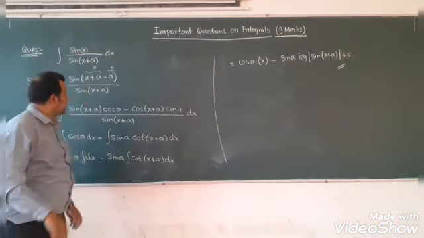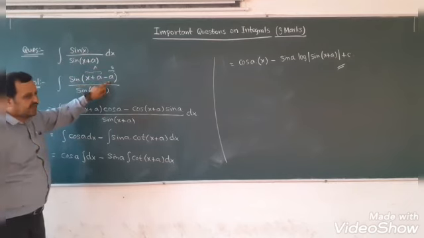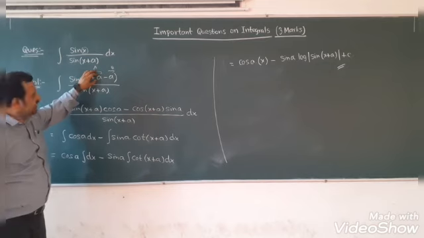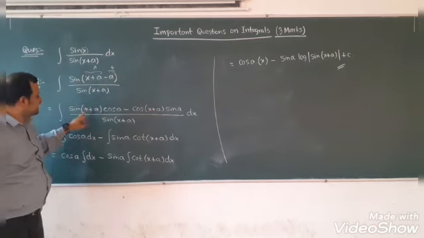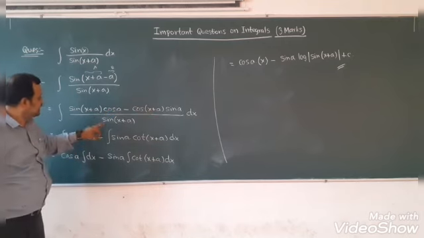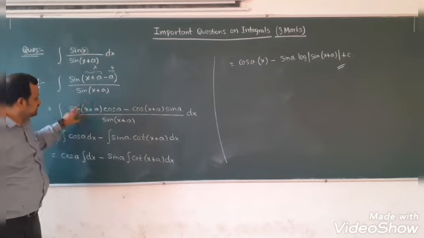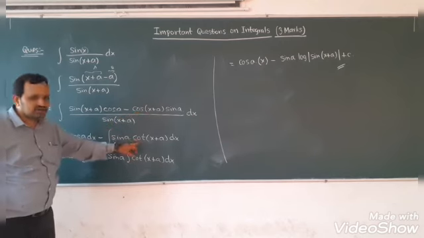So what we did here is, this x we can write as x plus a minus a. So assume this to be A, this to be B. Sin A minus B formula, sin A cos B minus cos A sin B, divided by this. Separate. So sin will get cancelled, you will get cos a, and cos by sin is nothing but cot will come.